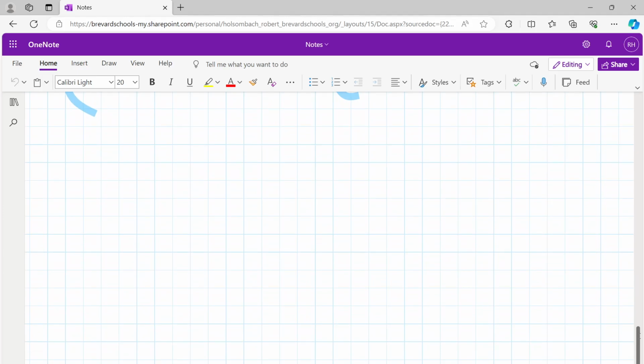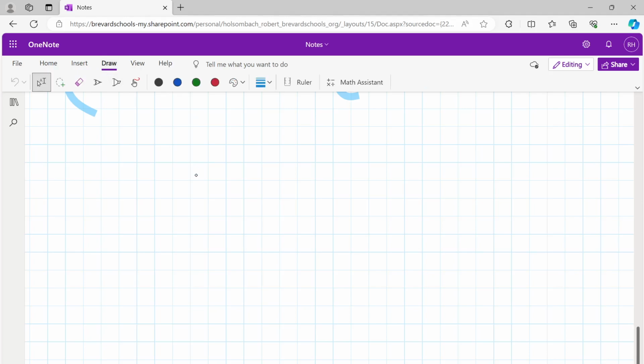All right, on page 327, there's a couple theorems up at the top of the page that you need to get in your notes. So we have the angle bisector theorem.